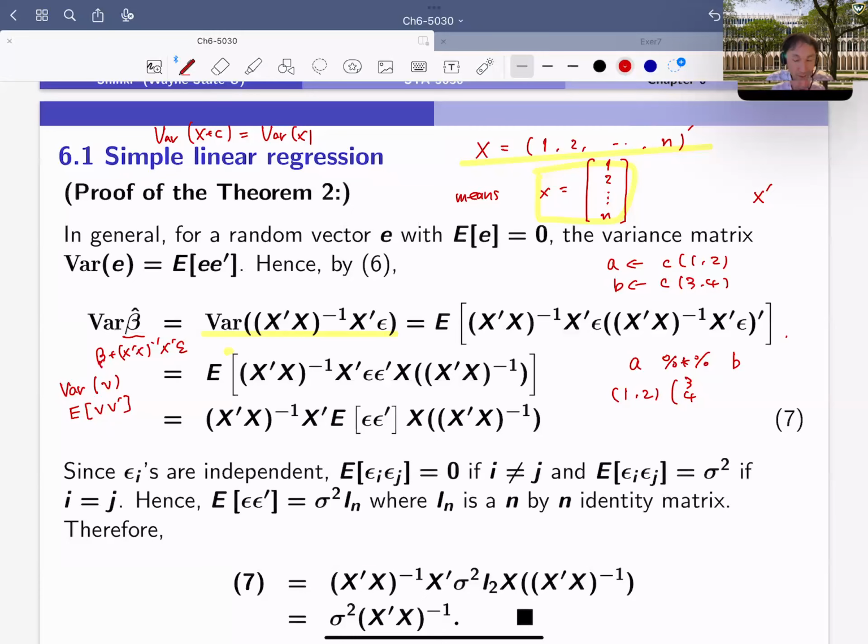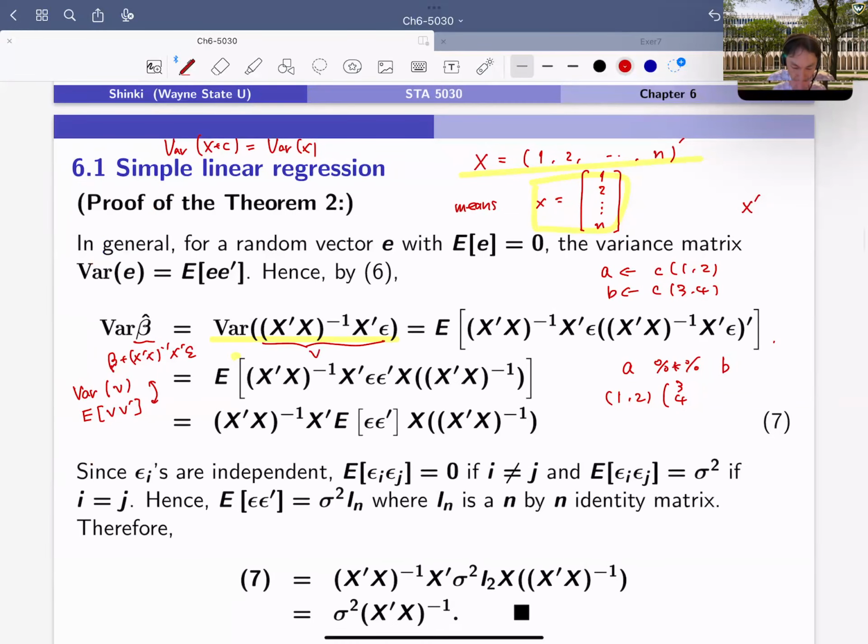Suppose V is a two-dimensional vector, like x1 and x2. If you write down both expressions element by element, then you can see that these are the same. So we have vector V here, and we have the V transpose. In that way, we can calculate the variance.